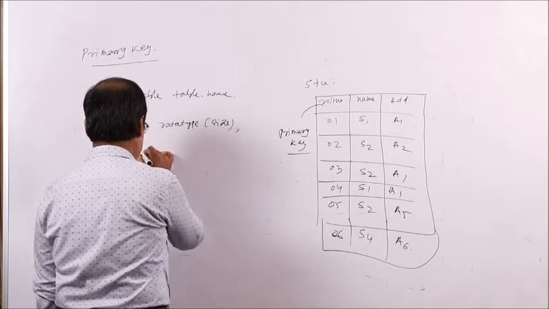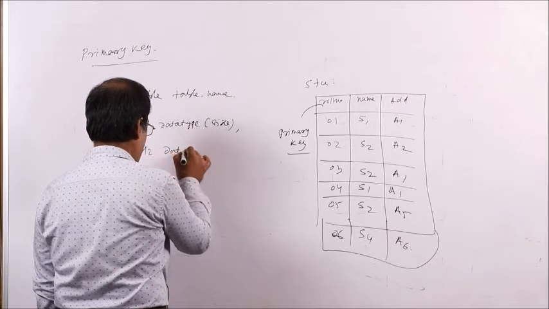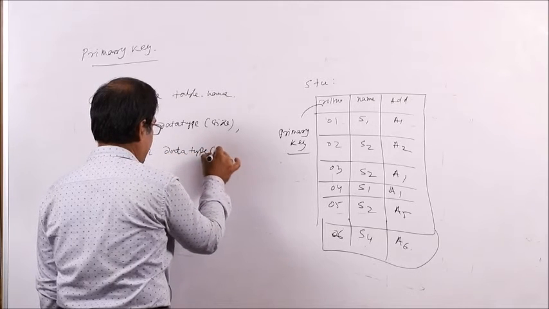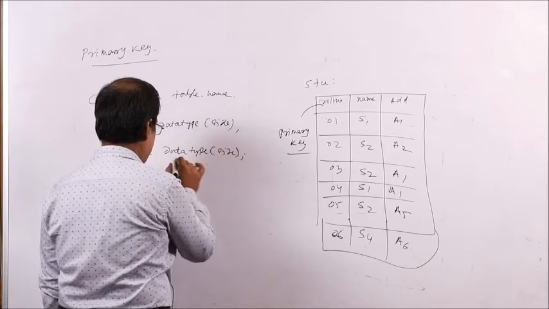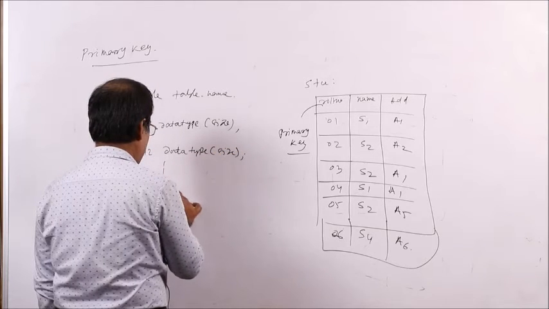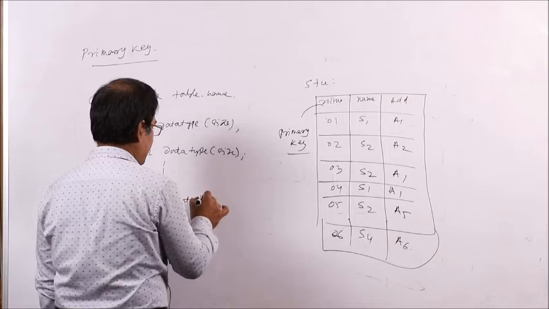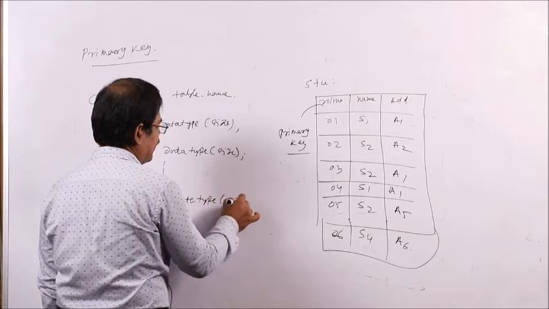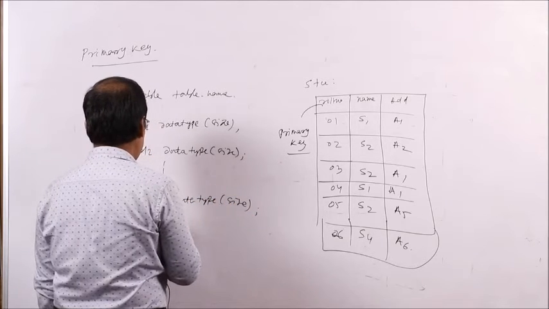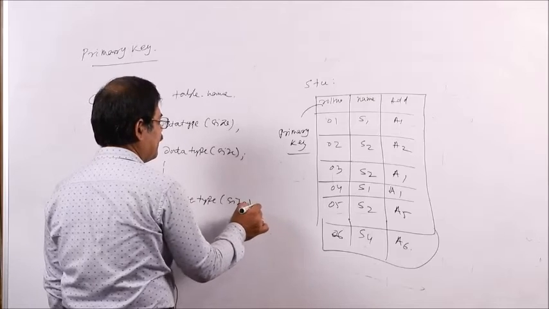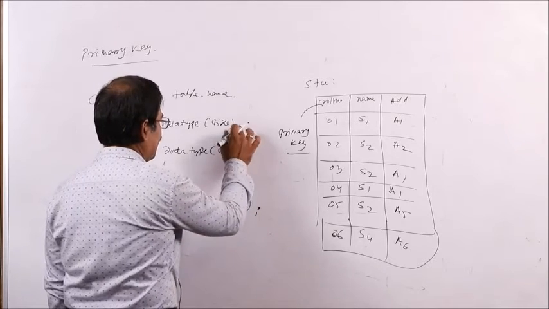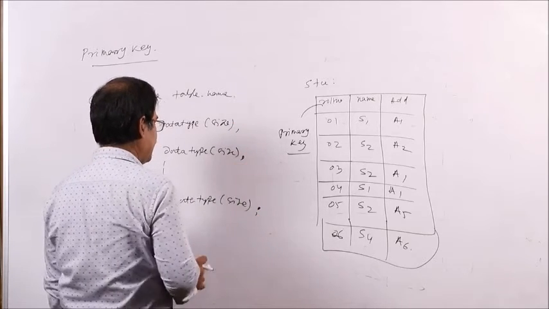Similarly, column 2, data type, size. Similarly, n number of columns you can define, with data type and size. Separate them with commas, and at the last you put a semicolon.